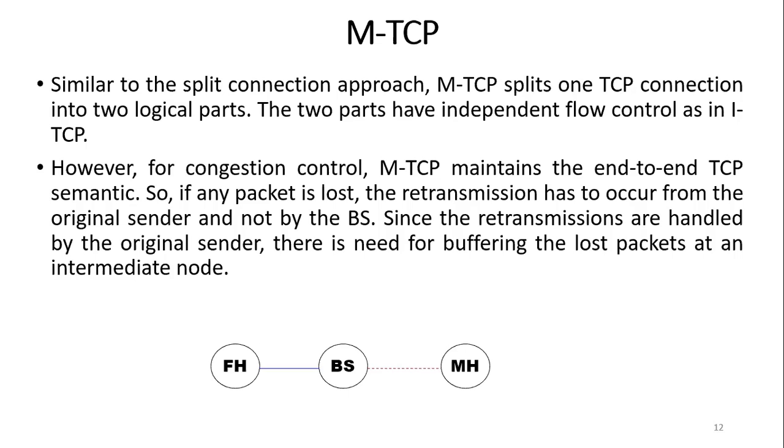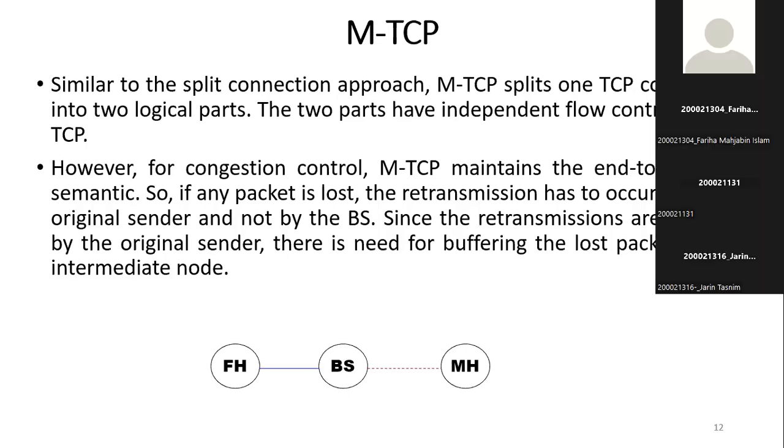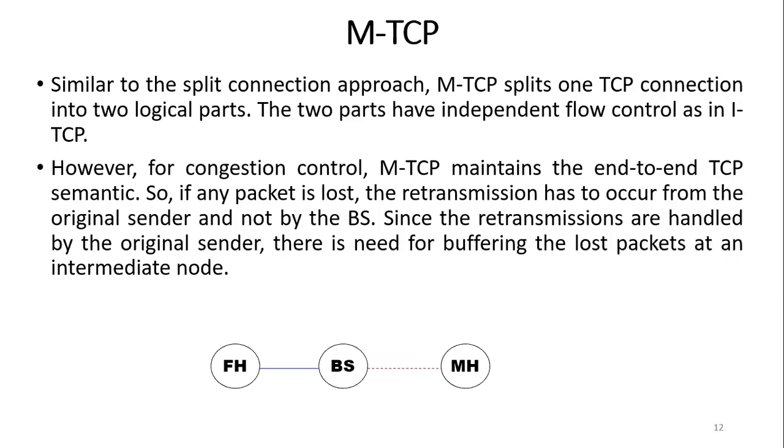In the advertised window, the BS puts 0. Don't send anything. So the sender from then onwards does not send anything. It stops transmission. And this is called persistent mode of the sender. The sender will stay in this persistent mode.